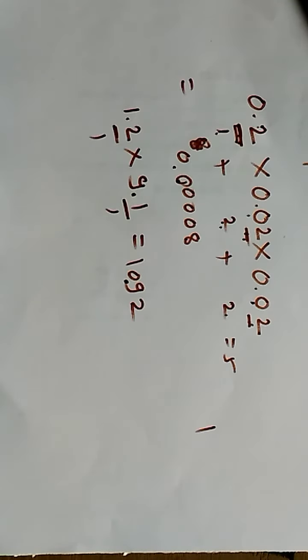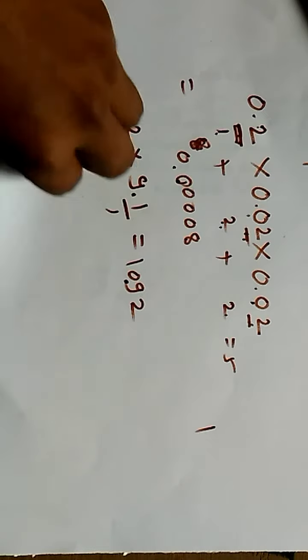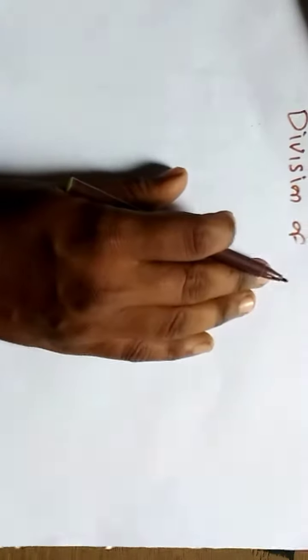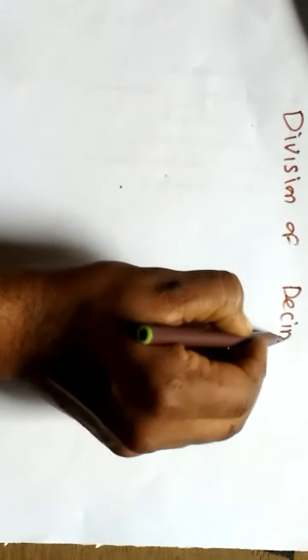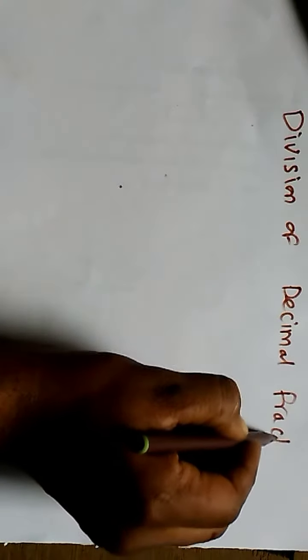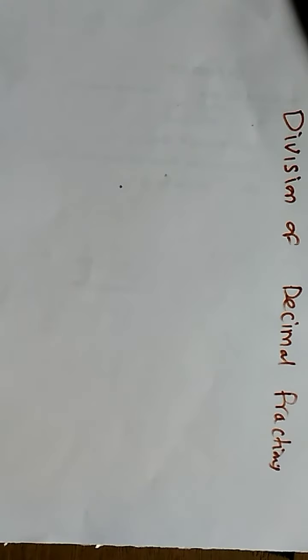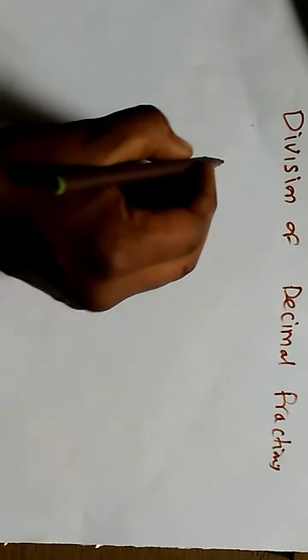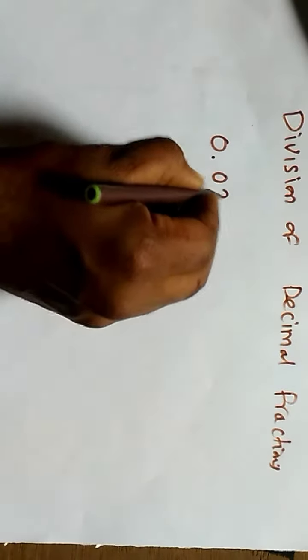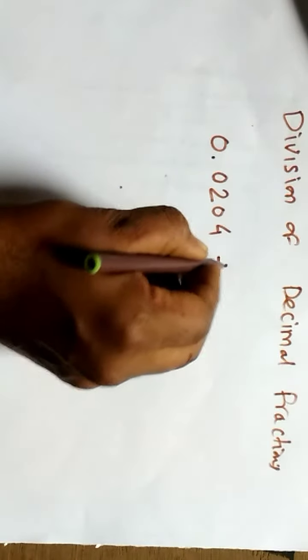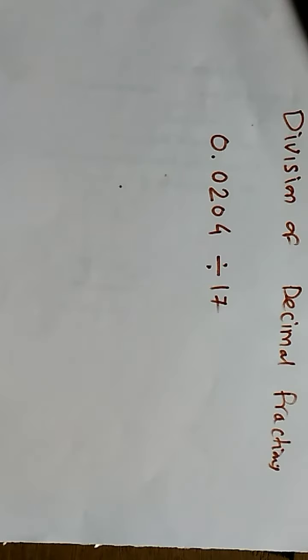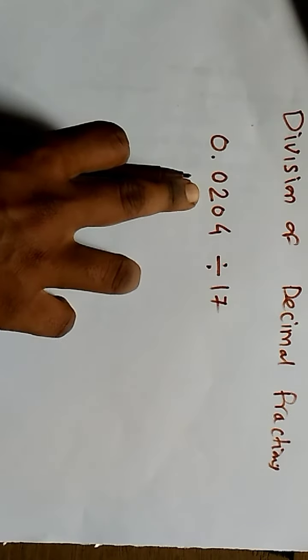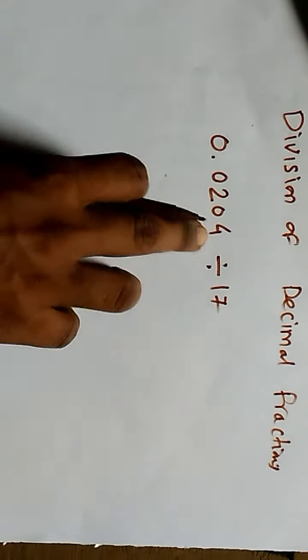Now we are going to discuss the division of decimal fractions. Here we take an example. Suppose 0.0204 is divided by 17. As usual, we only divide 204 by 17.